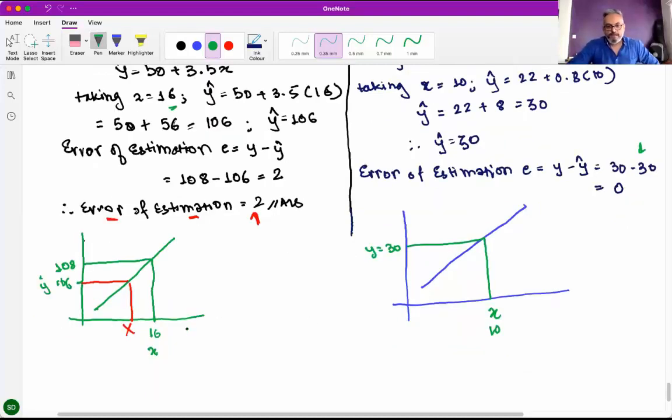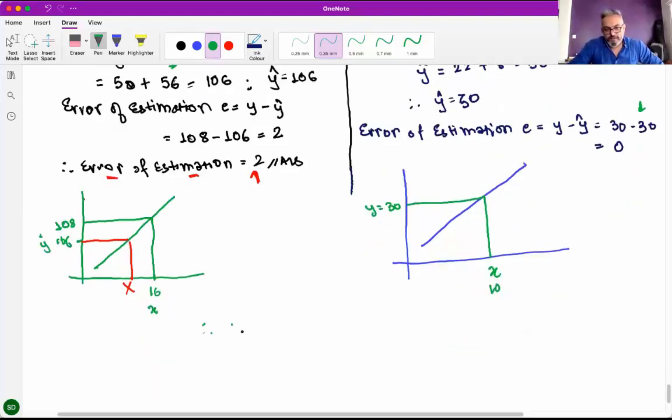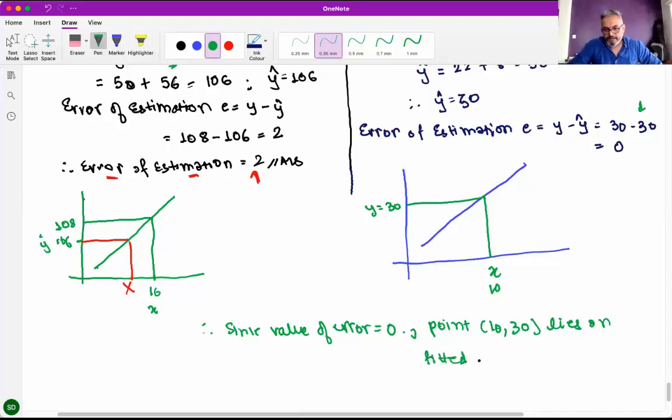So what we can say, since the value of error is equal to 0, the point (10, 30) lies on the fitted line, y cap is equal to 22 plus 0.8x.